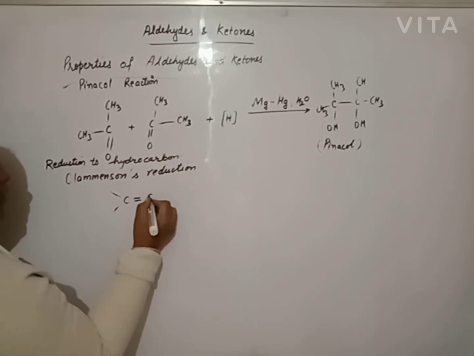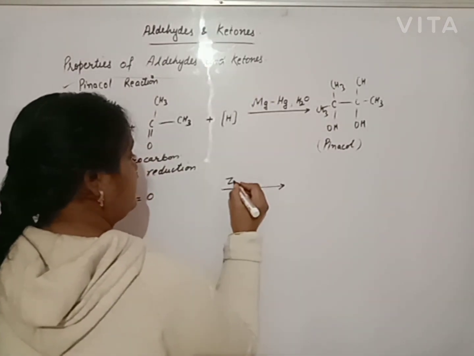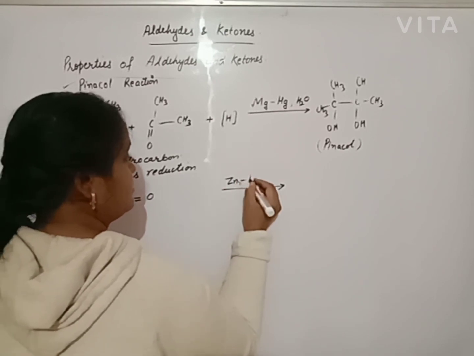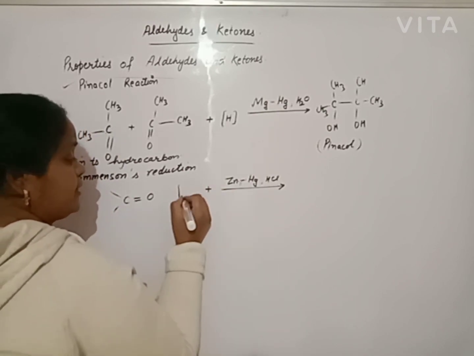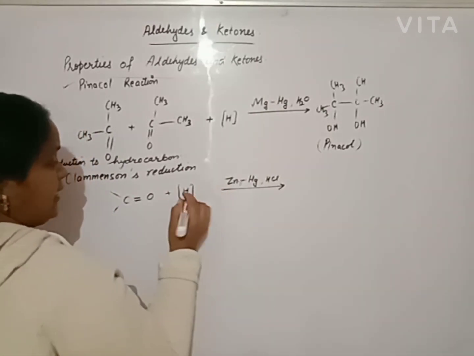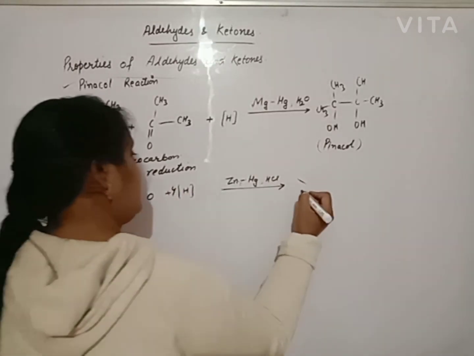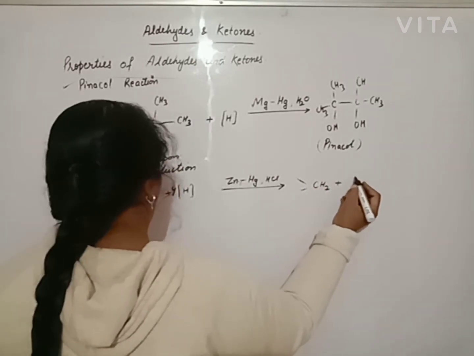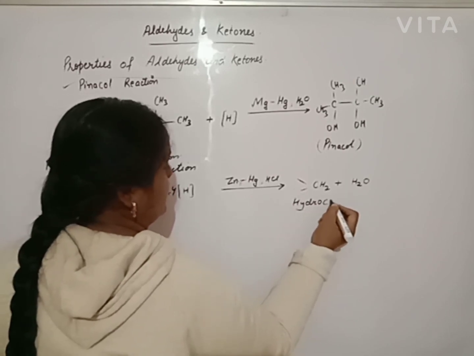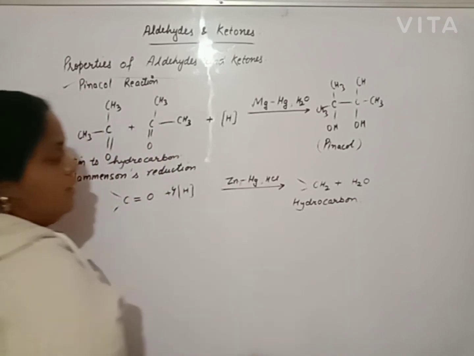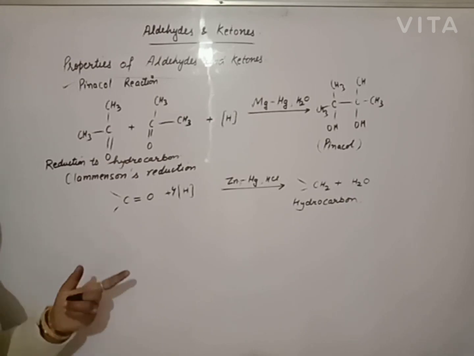Suppose we have aldehyde or ketone, anyone. Beta, they will react with zinc amalgam in HCl. They produce as much hydrogen as they require. Beta, they require 2 hydrogens for this oxygen and 2 to complete the valency, and we will get alkane or hydrocarbon. This reaction is known as Clemmensen's reduction. Either aldehyde or ketone, that does not matter.